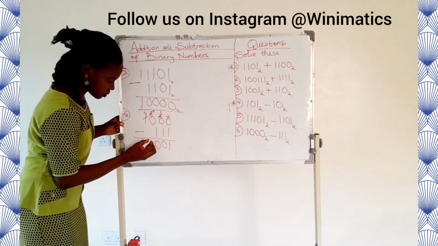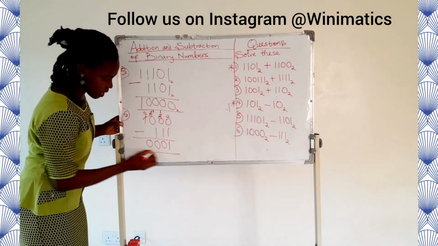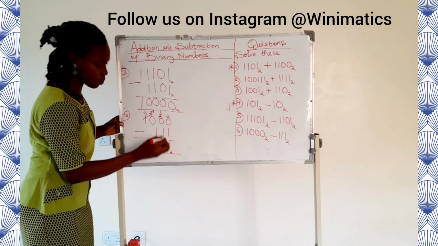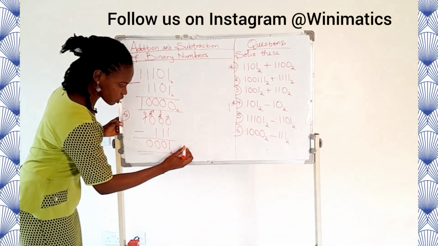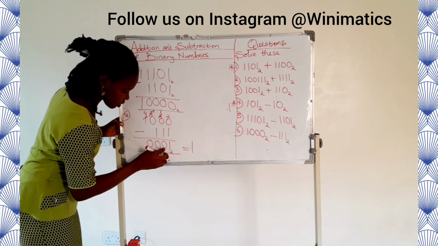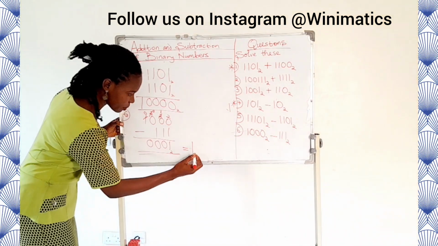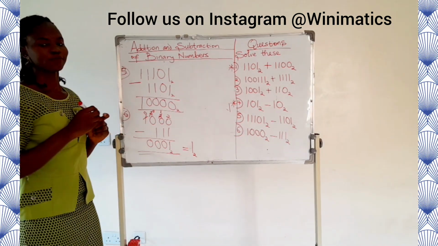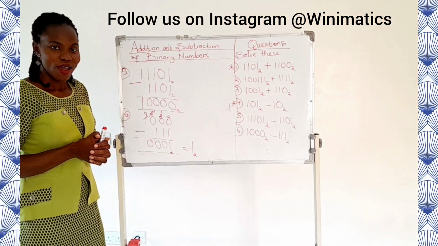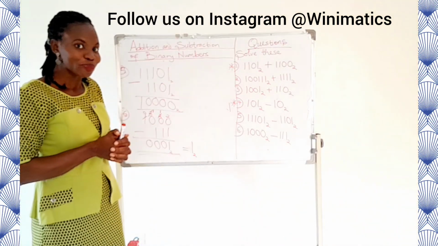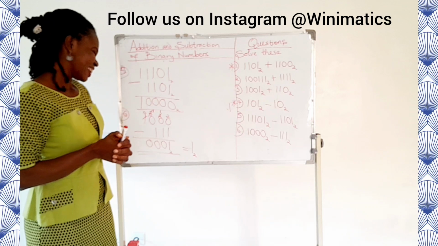And this one, 0. So we have 0001 base 2, which is the same thing as 1, because these zeros you can discard. 1 base 2. It's very simple, right? Okay.